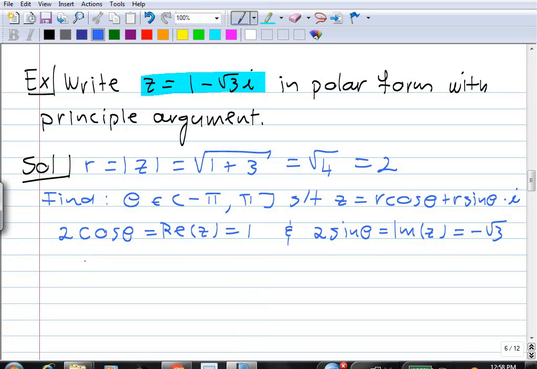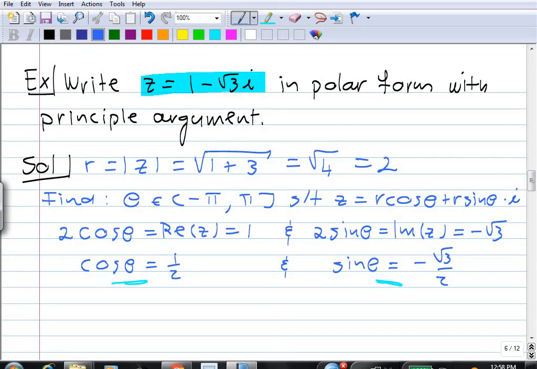So this equation becomes cos theta is a half, and this equation becomes sine theta is minus root 3 over 2. Now remember, theta is between minus pi and pi, right? So that means each one of these two individual equations will have two solutions, and we are looking for the common solution, so the value for theta that satisfies both equations.